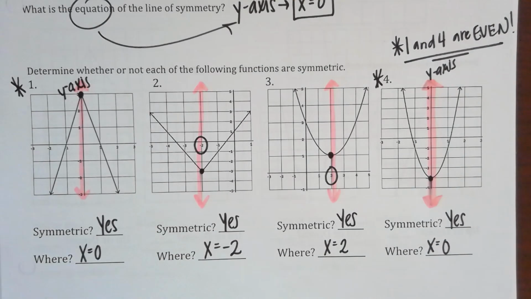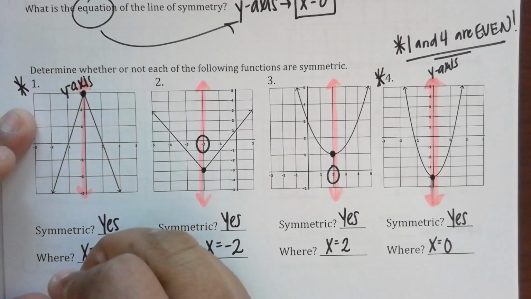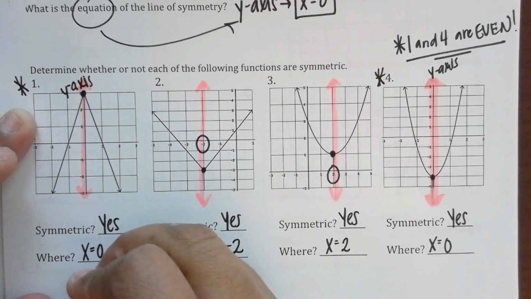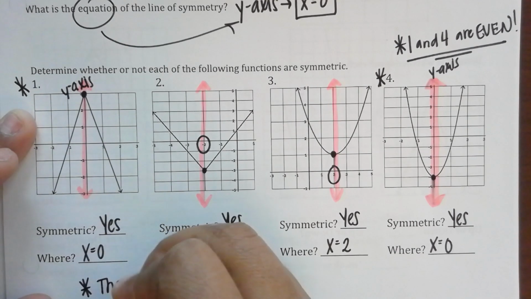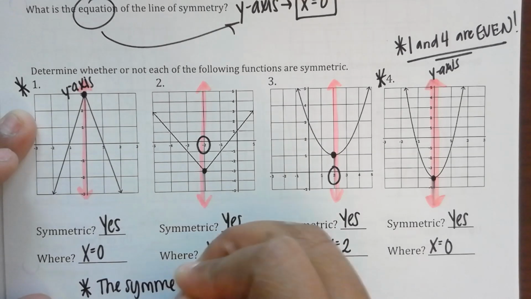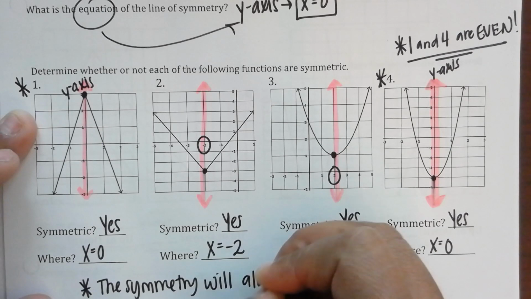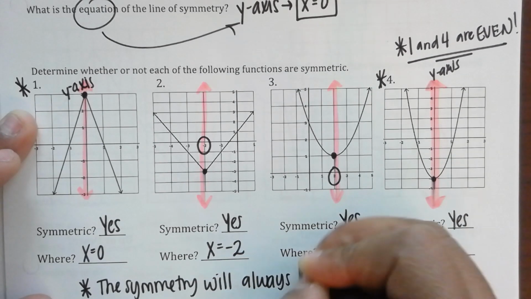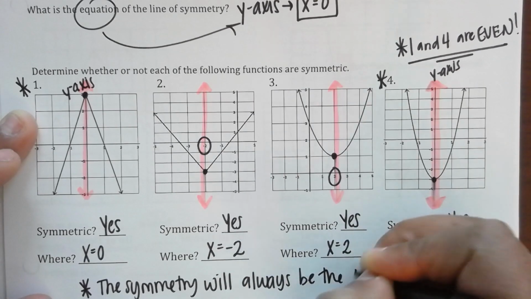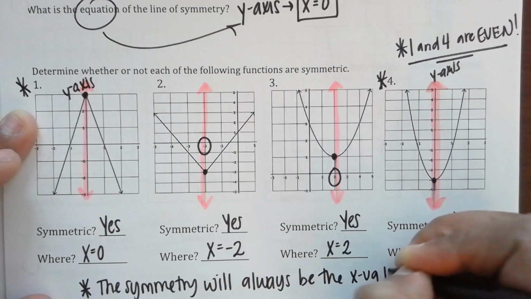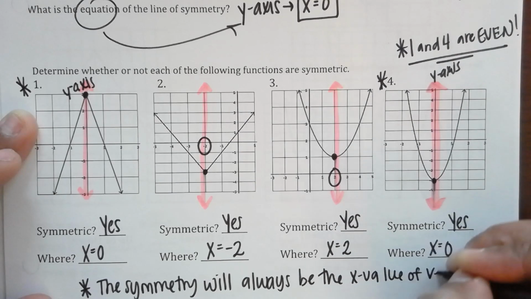So, the information we should add here is that the symmetry will always be the x value of the vertex.